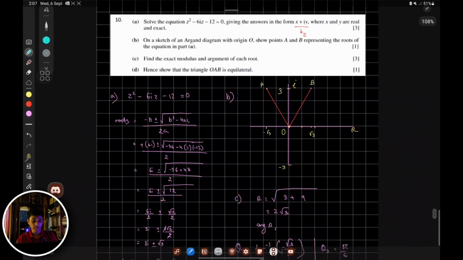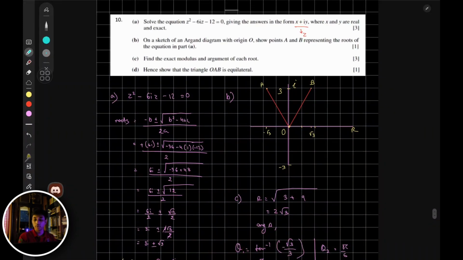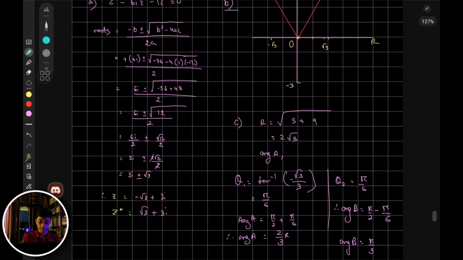Question 10. So for question 10, they're telling you, solve the equation z squared minus 6iz minus 12 equals 0, and give the answer in the form x plus iy, where x and y are real and exact. So basically they're telling you, use the quadratic formula and solve for z. You plug in the values of a, b and c, and you'll get 3i plus minus root 3.